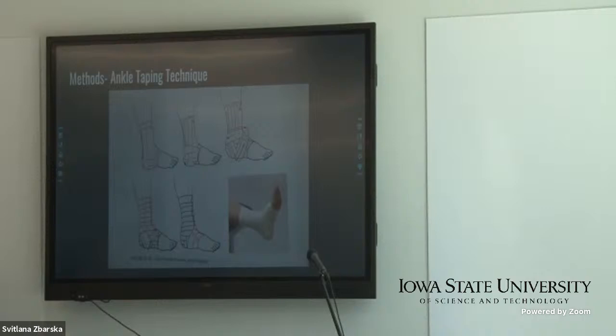This is a strategy that's commonly employed by athletic trainers. For my study, I actually have a graduate student assisting with the project performing all of it, and he received his undergraduate degree in athletic training, so he has a lot of experience using this technique on athletes throughout his undergrad. And then the order of ankle taped and no taped conditions is going to be balanced across participants.